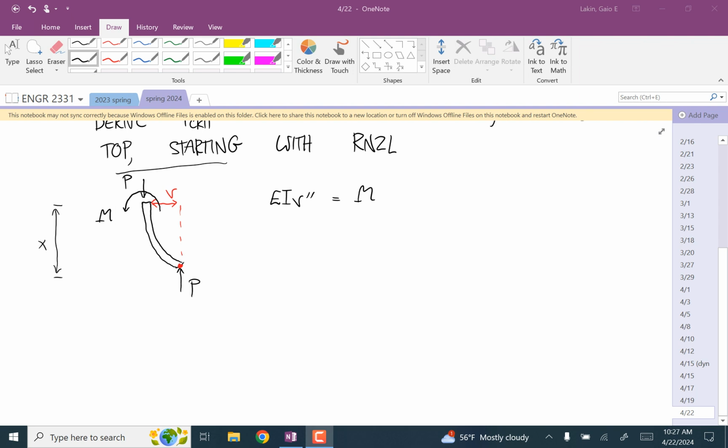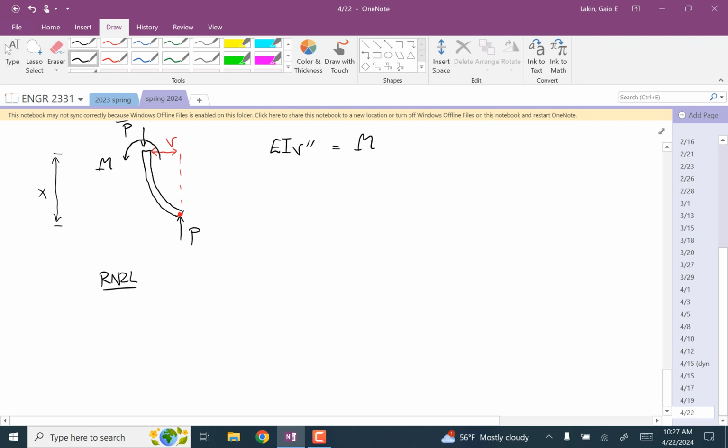So the moment equation about that bottom point says we have a bending moment, and then we also have a counterclockwise moment of P times the deflection V, which is equal to 0.